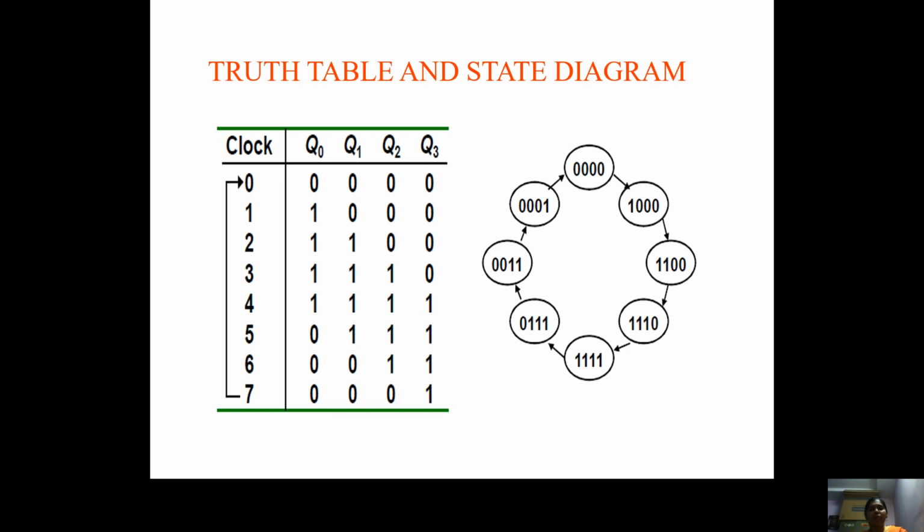That is why Gray code has been used to count the number of values in the shifted ring counter, which is nothing but the twisted ring counter or Johnson counter. Hope you understand. Thank you.